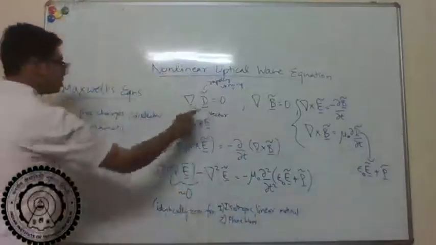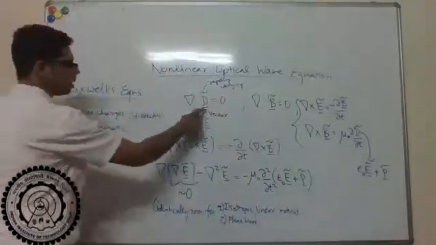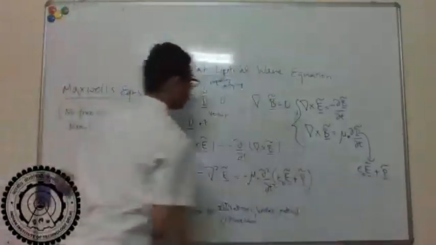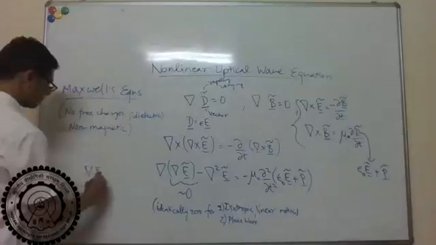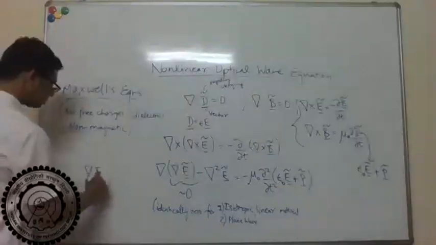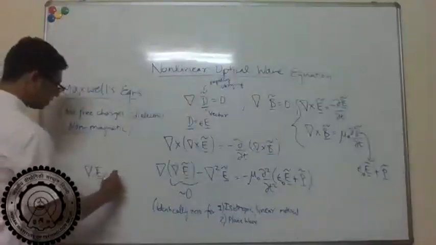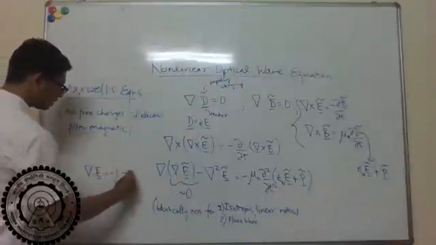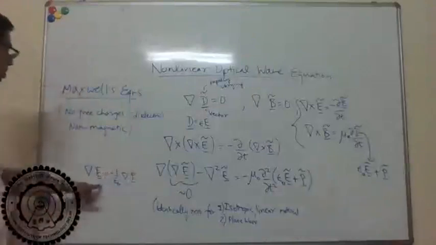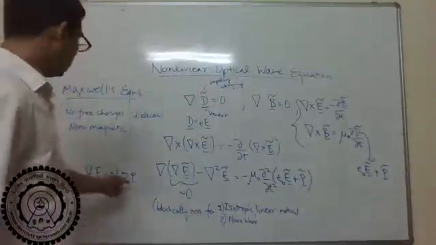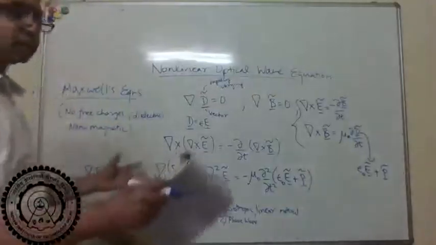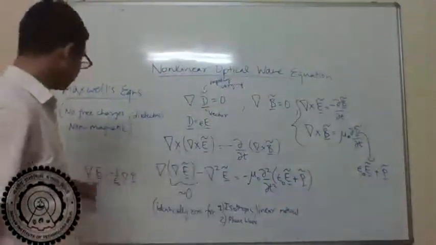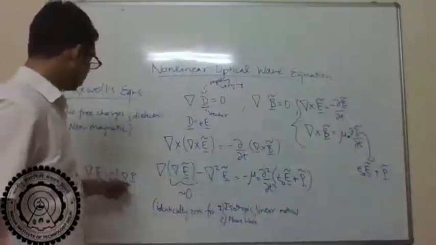From del dot D equal to zero, if I put D equal to epsilon naught E plus P, basically I get del dot E as minus 1 by epsilon naught del dot P, right? So basically, if the polarization in the medium has some sort of divergence to it, then this can be non-zero.